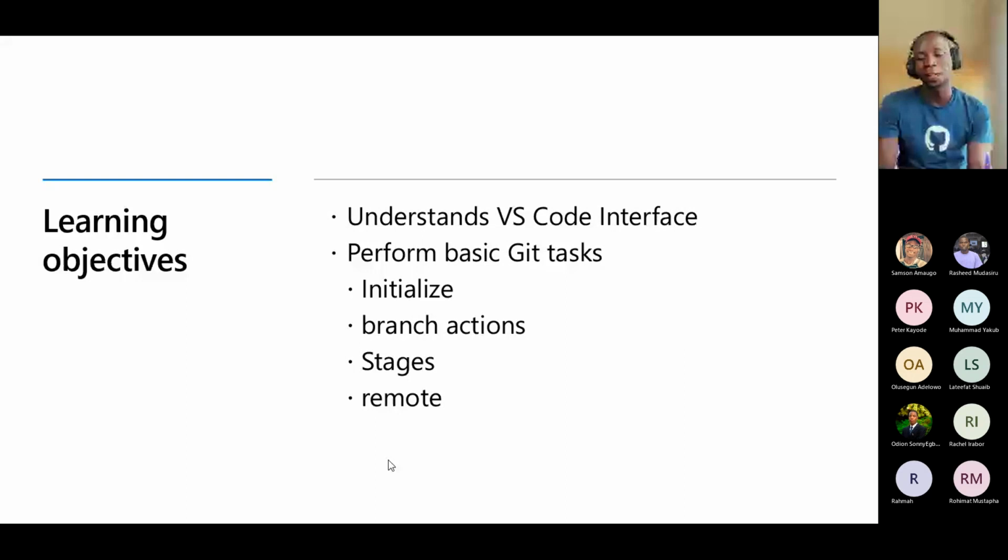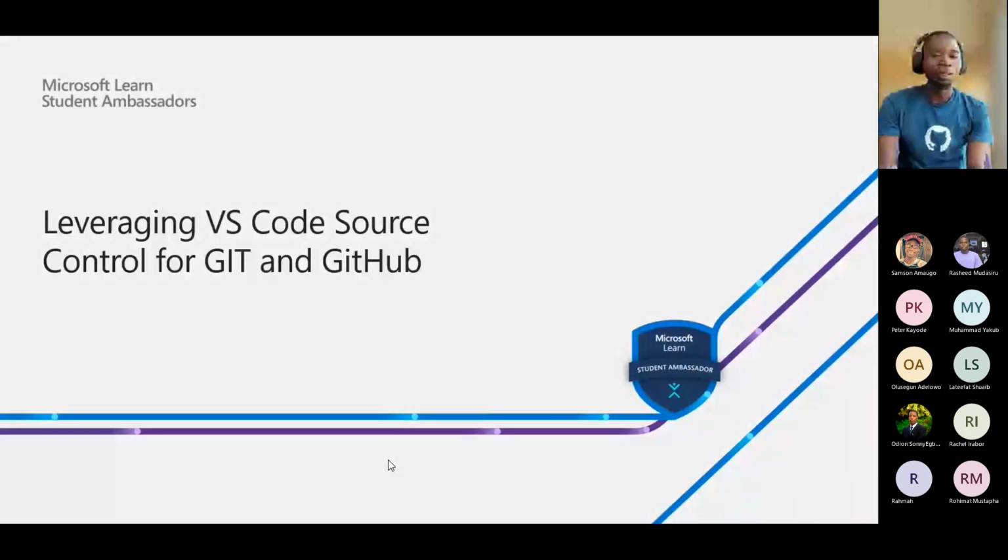That's the focus of our workshop today: how we can use the built-in source control in Visual Studio Code to ease the use of Git and GitHub. That's the topic again: leveraging Visual Studio Code source control for Git and GitHub.